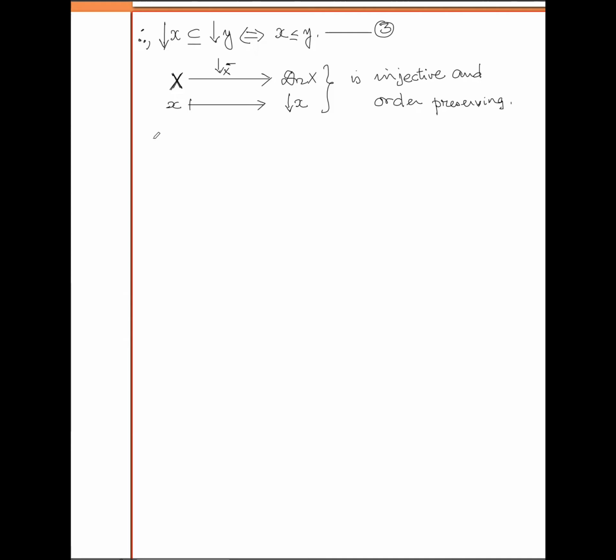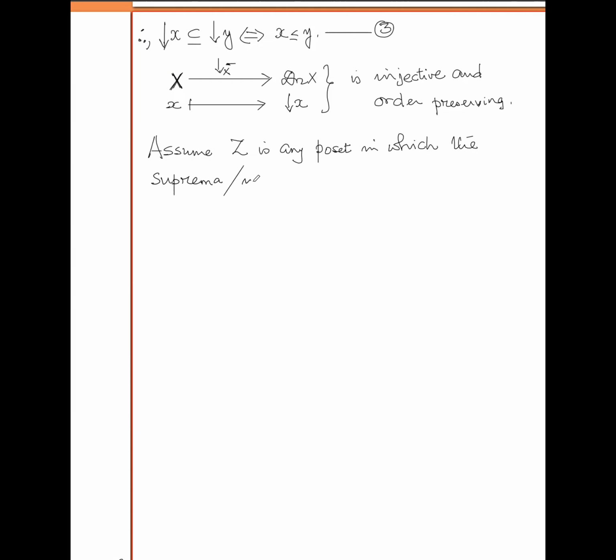But now suppose, assume that Z is any poset in which the suprema or infima of any subset exists. So some such thing like my downsets.